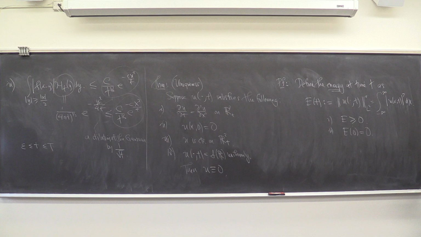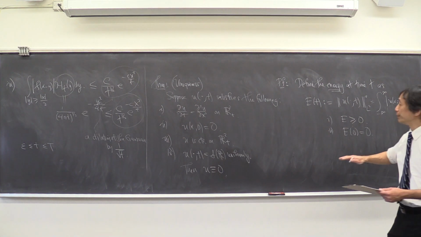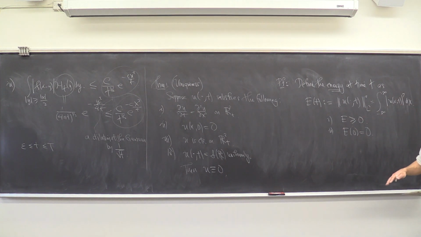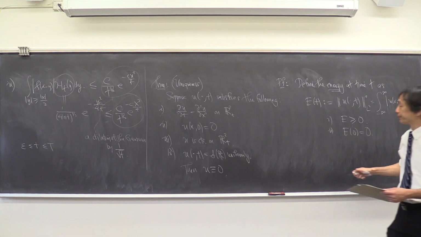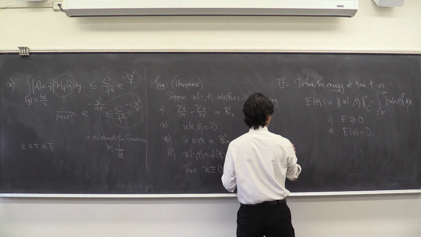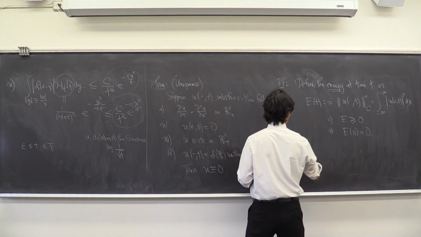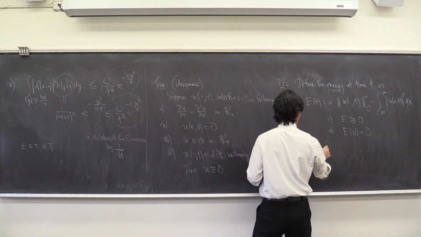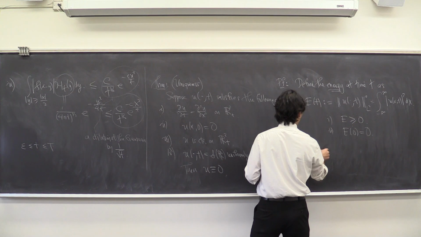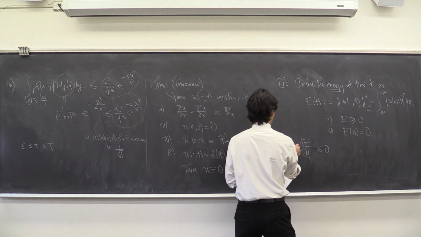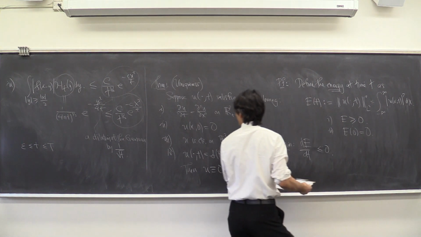What we're going to show is that the derivative with respect to time is always less than or equal to 0, and so the energy must be 0 throughout. So we claim that the derivative of the energy with respect to time is always non-positive. That will be enough.